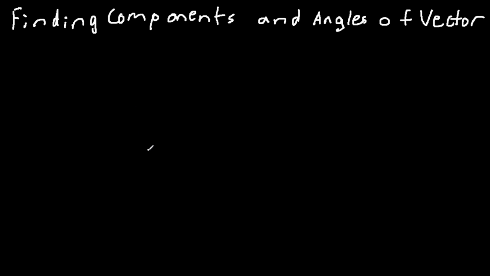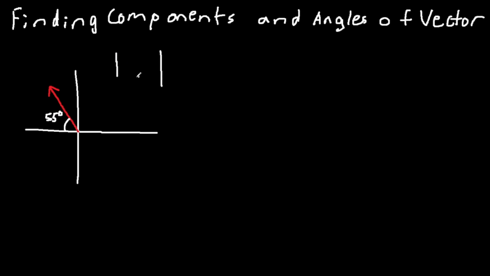Okay, let's find the components. When we're finding the components of a vector, typically you're given the magnitude and the angle that the vector has. So let's say we have a vector that looks like this, and we're given the angle 55 degrees, and we're given the magnitude. Magnitude is represented by an absolute value symbol.